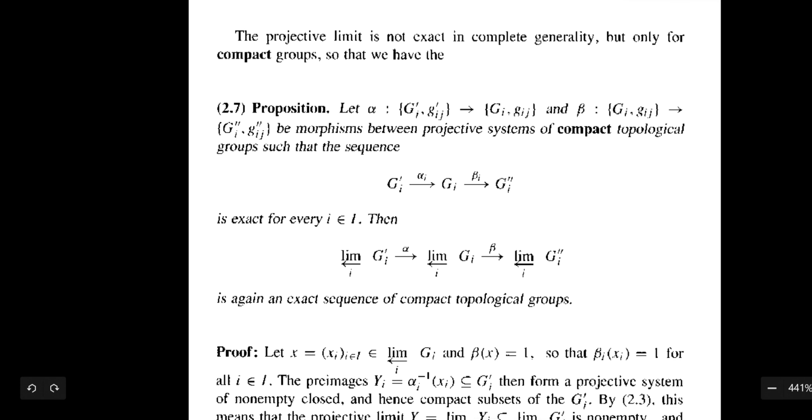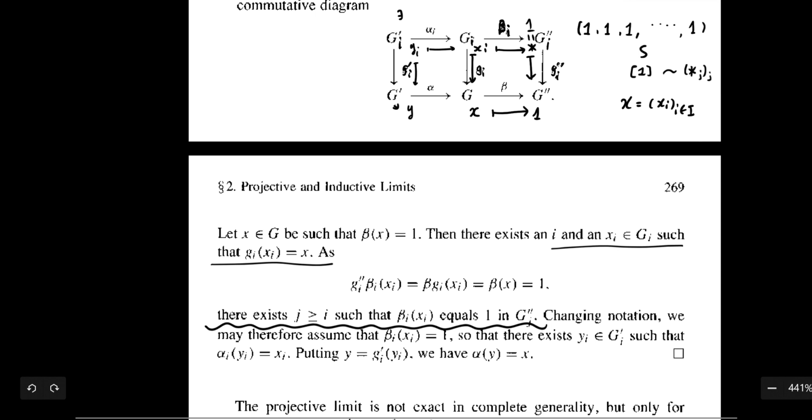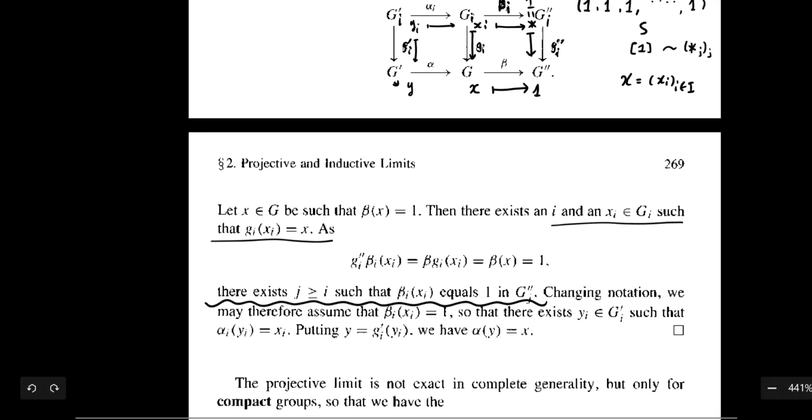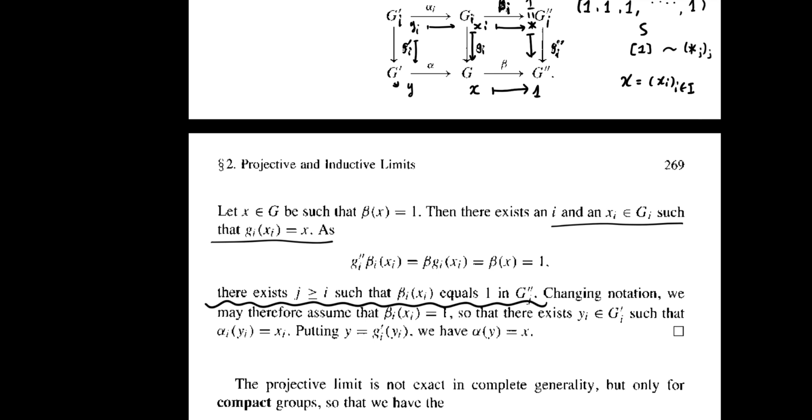The key point is just knowing that when you're discussing an element at truncation level Gi, it's always up to equivalence. So you only have to add one more sentence saying that up to changing the notation, there is always a bigger index.